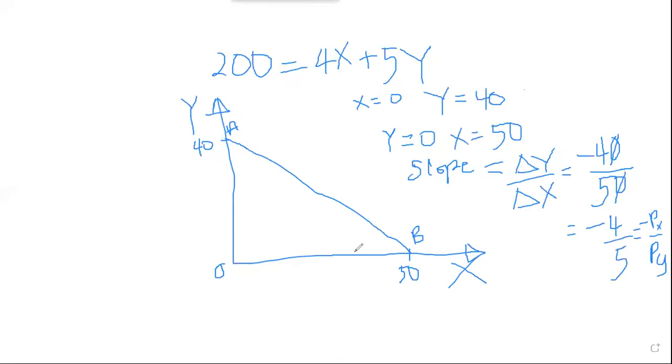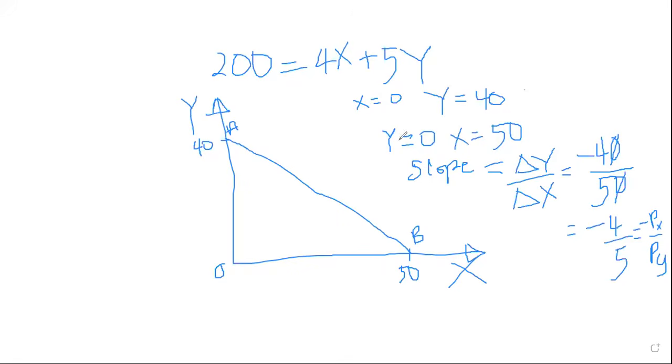For x, there's an increase: initially it was 0, but it increases to 50. That's why it's positive. Note that the budget line is downward sloping, and for any downward sloping line, the slope is always negative, just like the demand curve. That explains the minus 40.